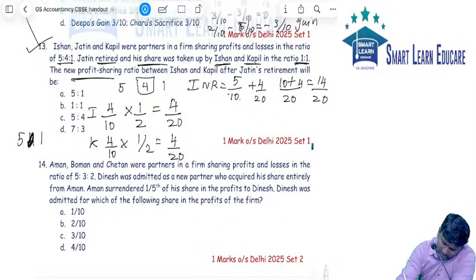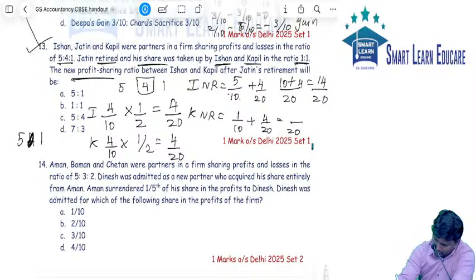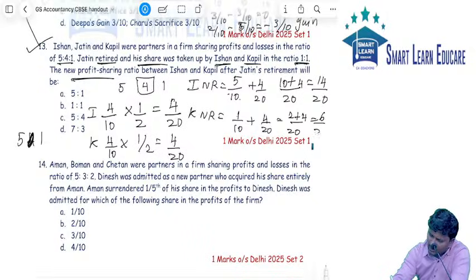Similarly, what is the new ratio for Kapil? Kapiloda new ratio is equal to old ratio 1/10 plus 4/20, LCM 20, 2 times, so it is 2 plus 4 will give you 6/20. அப்போ final answer 14:6.